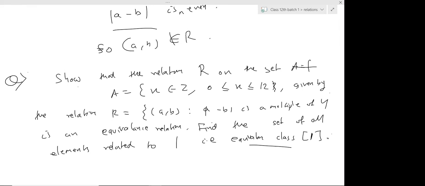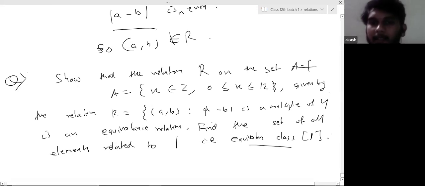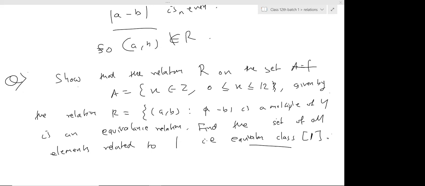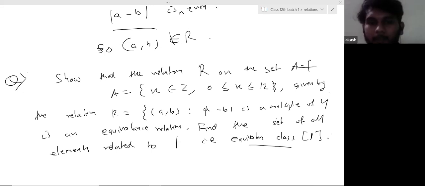You can solve the same way by taking 4p or 4q like that, because that is a multiple of 4. All right, everyone is clear about this question? Yes, sir. Clear. All right, then solve it.